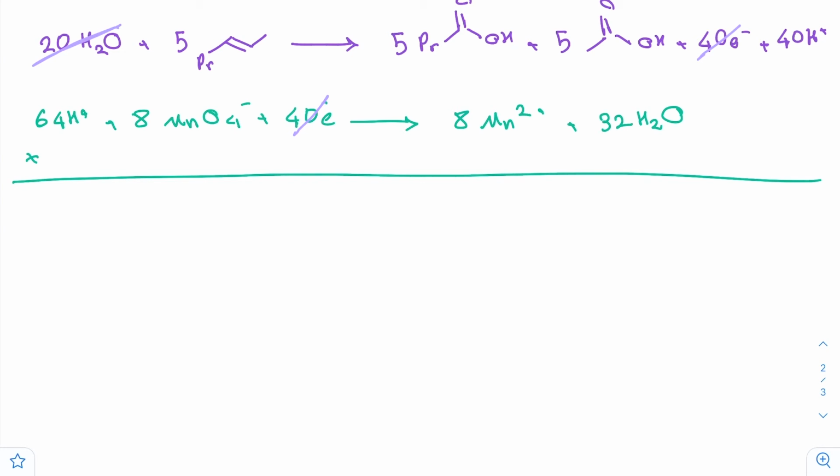We have 32 on the other side, so I'm going to say we have 12 and then totally forget about that. So this is taken care of. We don't need to worry about it anymore. As for the H pluses, we have 40 there, we have 64 here, so I'm going to totally forget about this. And then I'm going to say that we have 24 here. And that seems to be working.